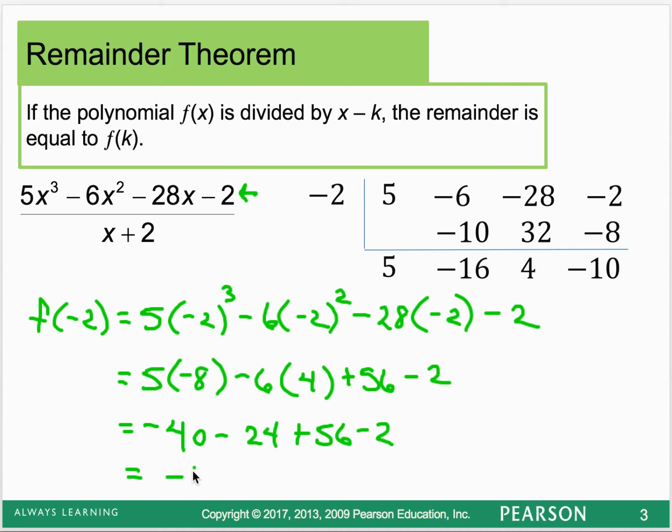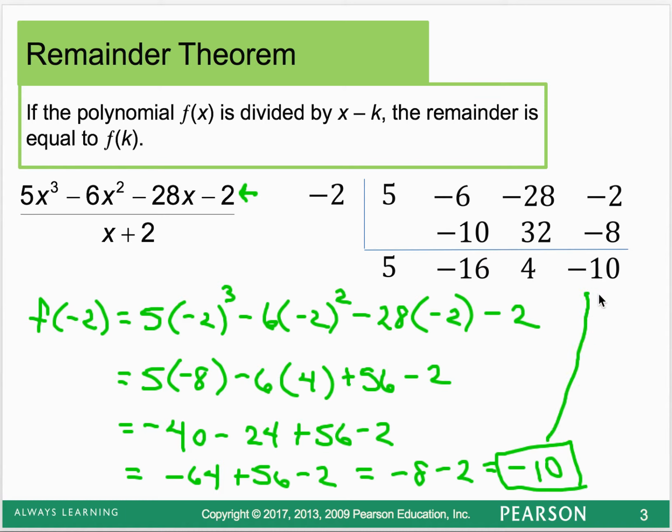So here's negative 64 plus 56 minus 2. So finally, what do we have here? Negative 8 minus 2 equals negative 10. F of negative 2 is negative 10. Hey, look at that. That's what the remainder theorem is telling me.